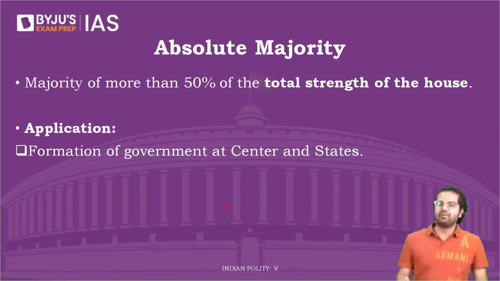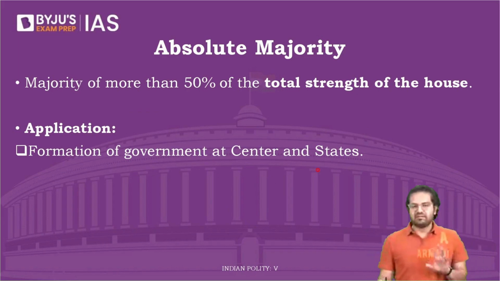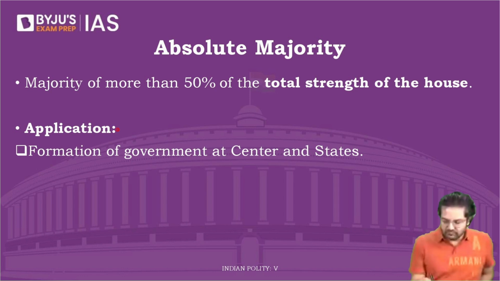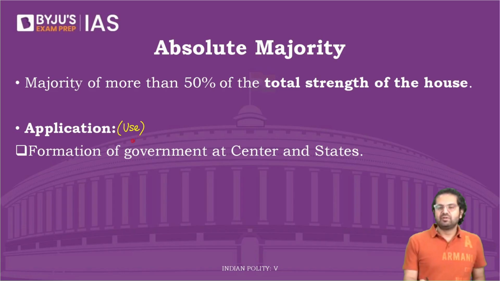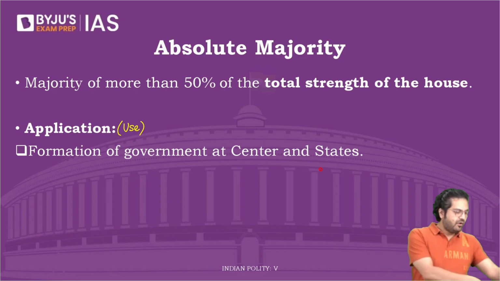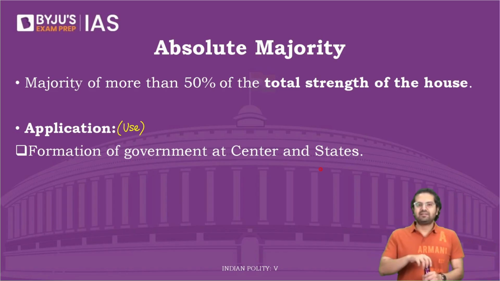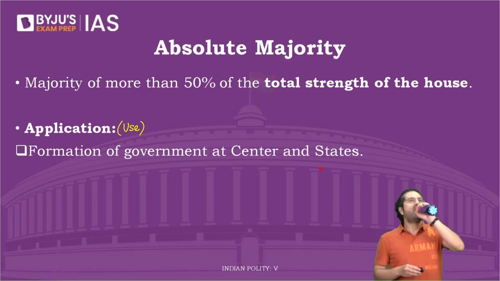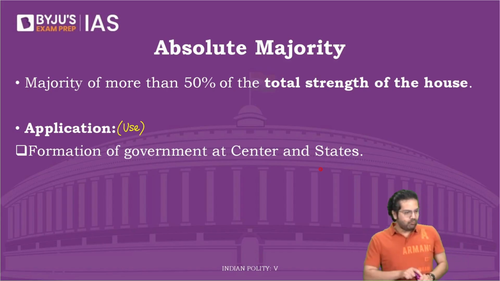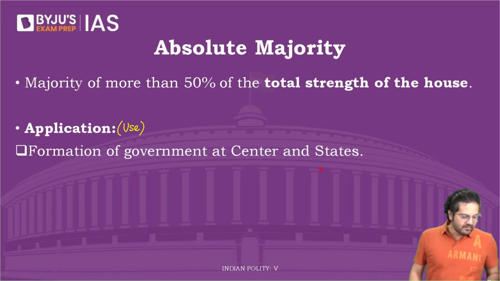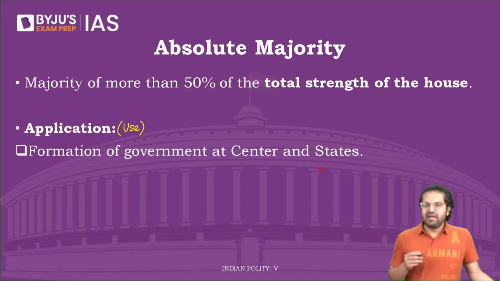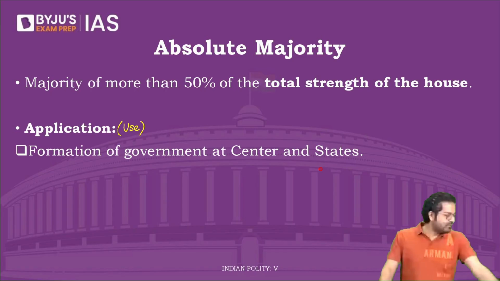First up is absolute majority. This is used in the formation of the government at the center and states. Meaning, after election, if any party wants to form the government, they will have to get this kind of majority.